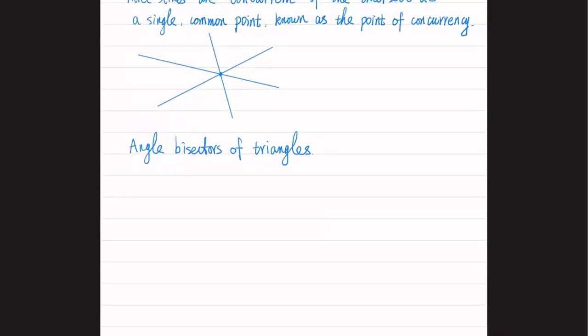Theorem. Any triangle A, B, C. We can draw the angle bisector.